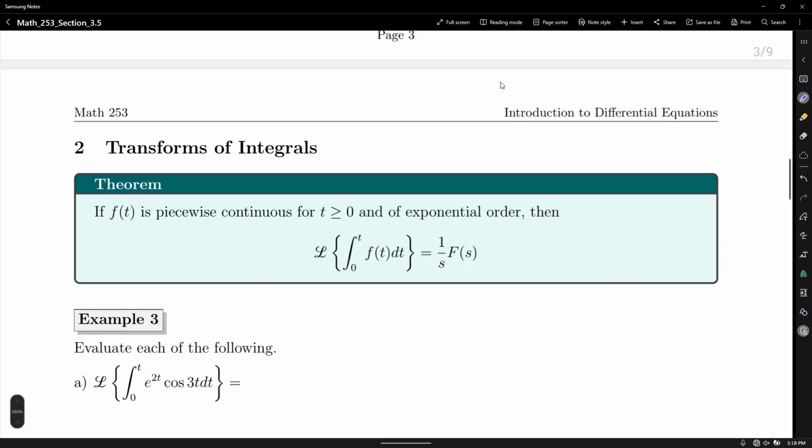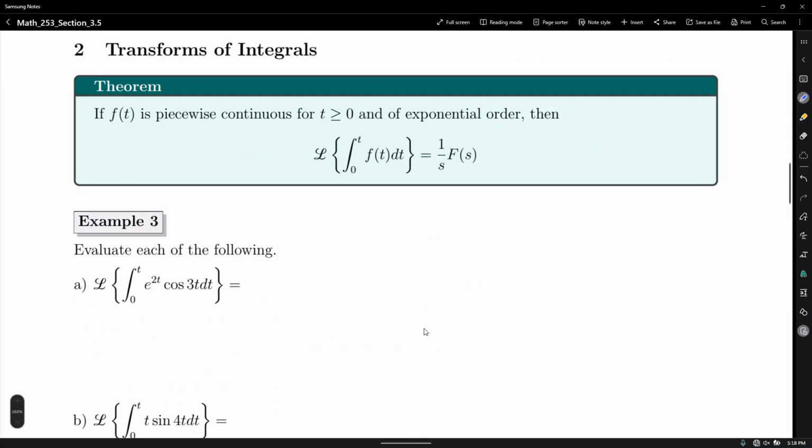So what do we do to find the Laplace transform of an integral from 0 to t of f of t dt without evaluating the integral, because these integrals may be given in a weird way, and also some of these integrals we may not even be able to evaluate.